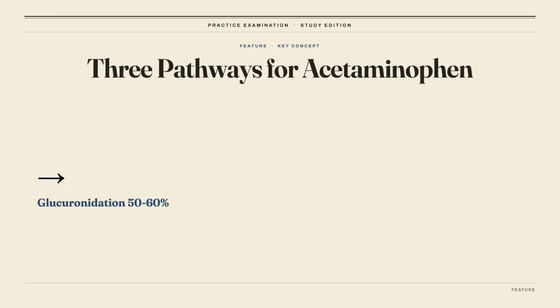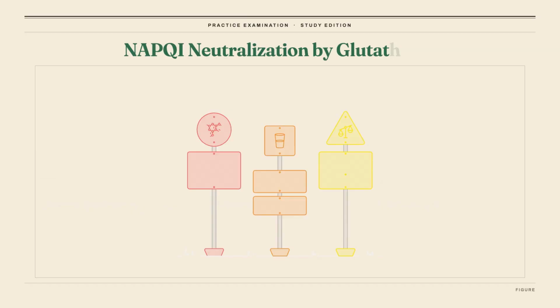Three pathways process the drug: glucuronidation and sulfation, both safe phase 2 reactions, together handle about 90%, producing harmless water-soluble metabolites. The remaining 5 to 10% goes through the cytochrome P450 enzyme CYP2E1, a phase 1 reaction that produces the reactive toxin NAPQI.